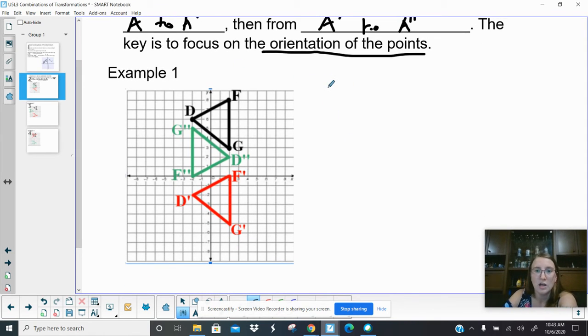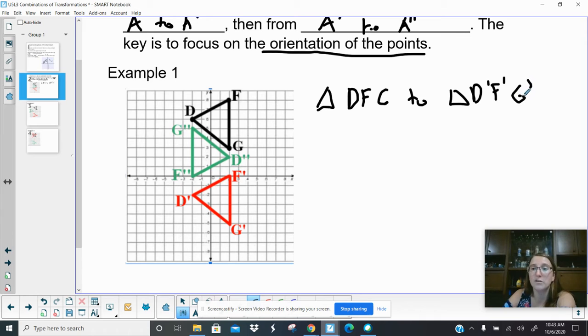This is in your packet. So our first answer here is how we got from triangle DFG to triangle D prime, F prime, G prime. So for your first answer, we need to ignore the double primes. In this case, it's green. In your packet, you don't have color. We are focusing on the black triangle and the red triangle.